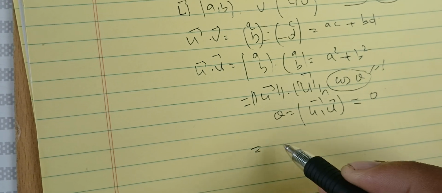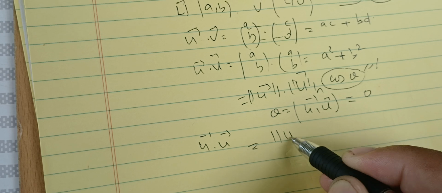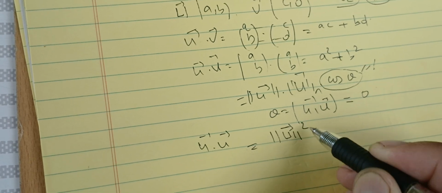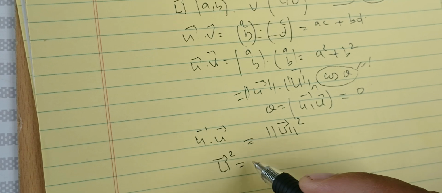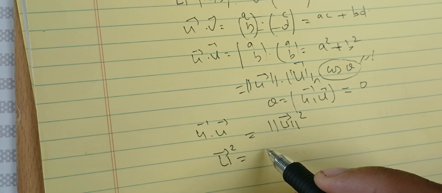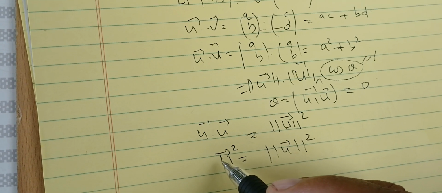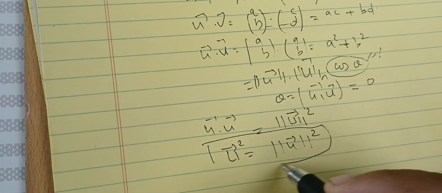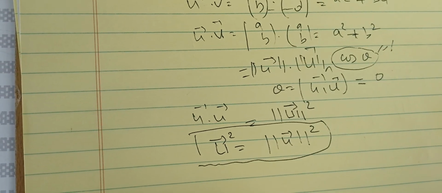Therefore u dot u is the norm of u squared. And in this case, we define the square of a vector as the square of its norm. Very critical and very important.